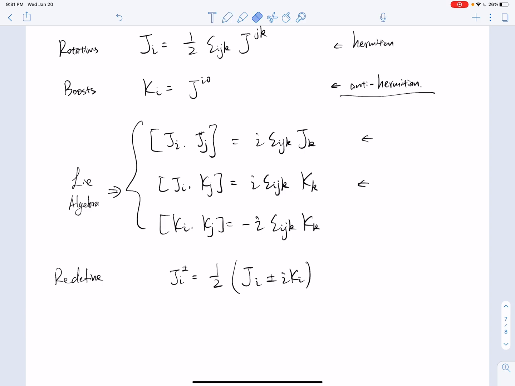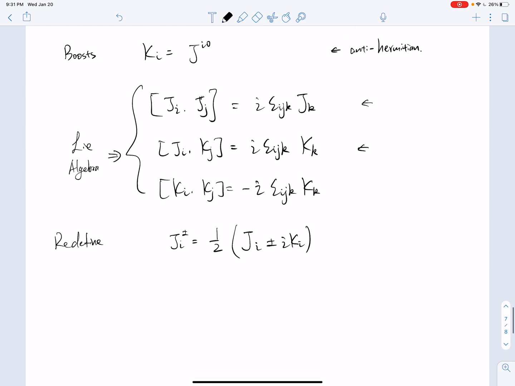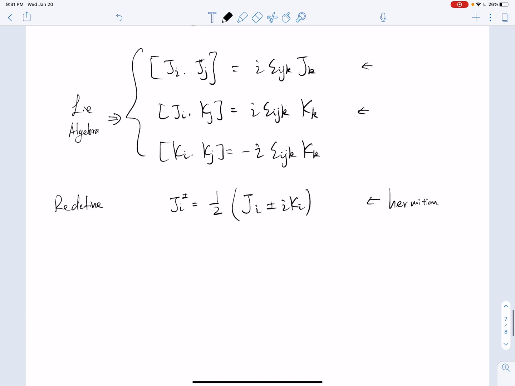So we want this extra factor of i so that our J plus and minus are Hermitian. And if we do this, we can further simplify our Lie algebra into this.